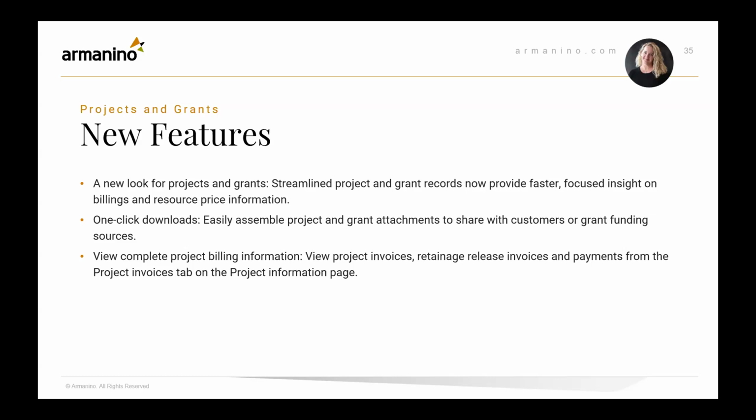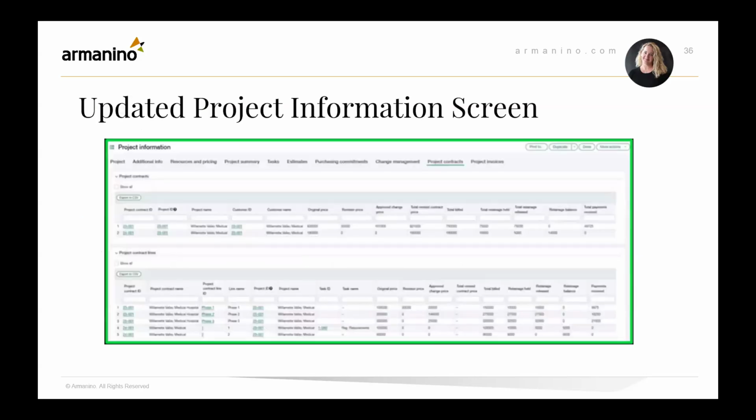And then you can view your invoices and then retainage release invoices and payments from the project invoices tab on the information page now. Next screen. So we're just really working to provide you more visibility into what's happening with your projects. And that's great new information from the project and grant module.